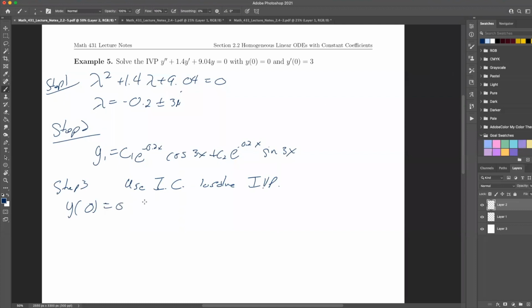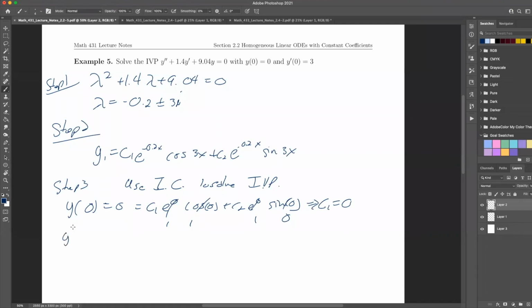So 0 equals C1 e to the 0 cosine of 0 plus C2 e to the 0 sine of 0. Well, this is 1, this is 1, this is 1, and this is 0. So this is all equal to C1. This implies that C1 is equal to 0.